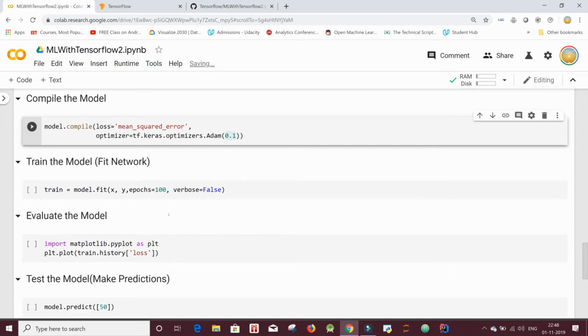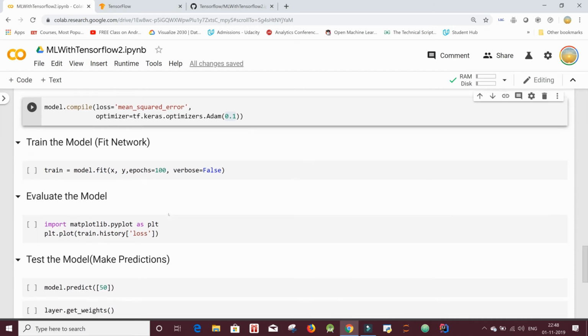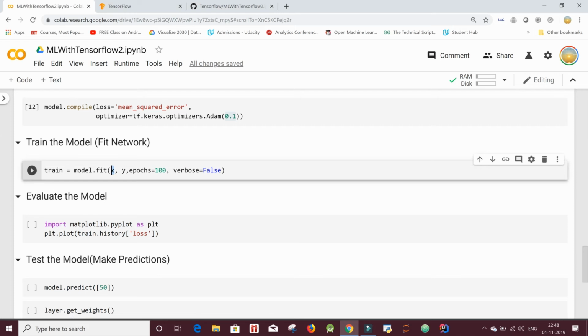Now we are training the model. That's the most important thing. We are training the model over the input X, and we are also feeding the output Y, and we are training it 100 times. So for 100 epochs we are training the network so that it can correctly establish the relationship between X and Y, and verbose is false.